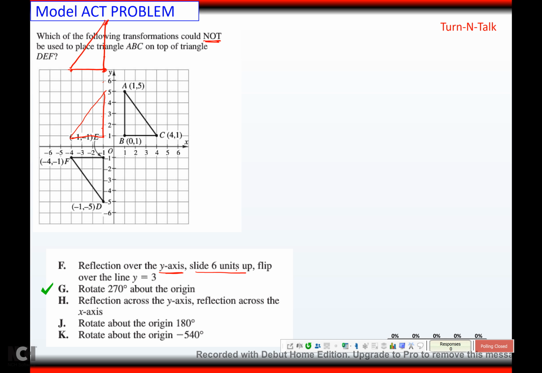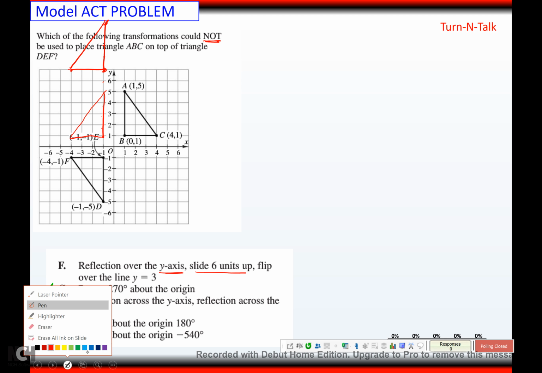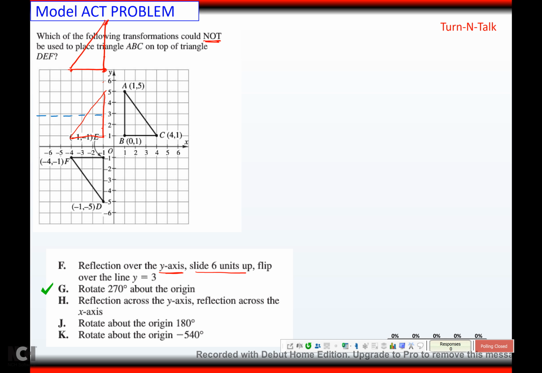And then if I flipped over the line y equals 3, there's my line y equals 3. Well, this is 1, 2, 3, 4 units above, so 4 units down would flip down, so that would put it right on top of DEF. So F works.